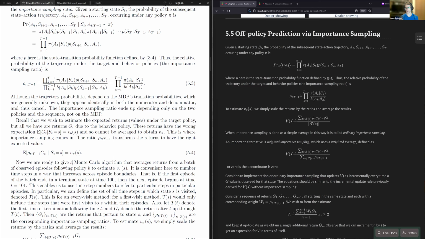Whenever it took a different action, there's no way we can correct that to get a valid estimate, because it contains 0 information about what we would observe under the target policy.